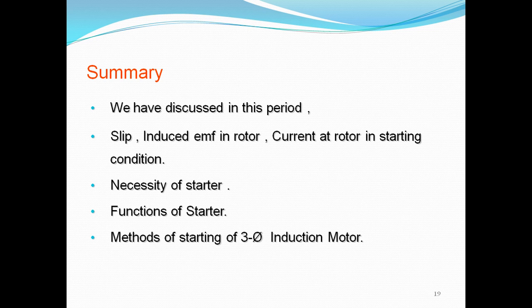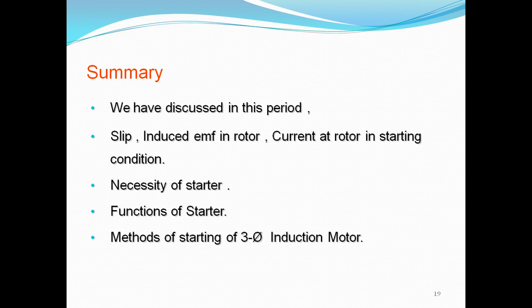When we use these starters for different applications, for different type of motors, that depends on the rating of the motor. And the next and last one is the rotor rheostat starter.